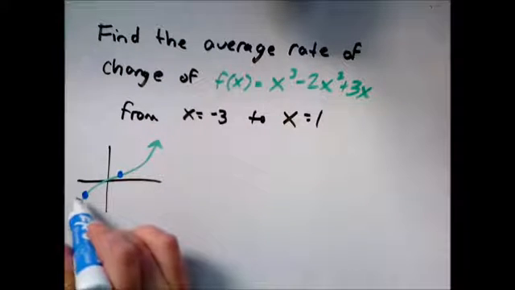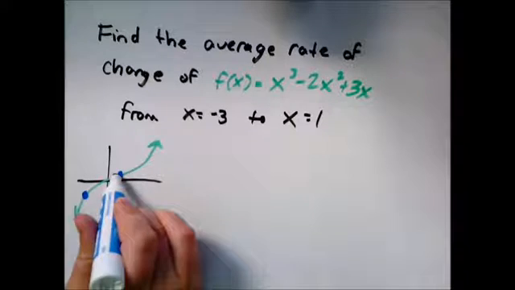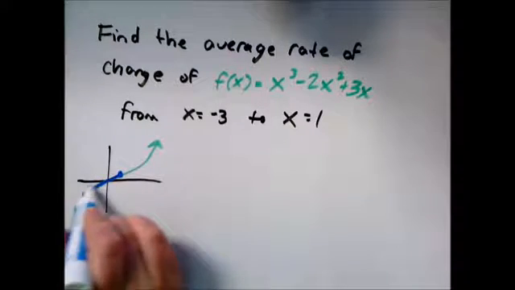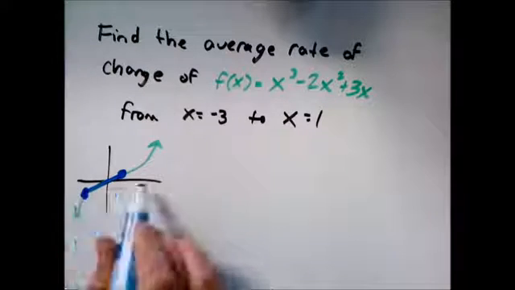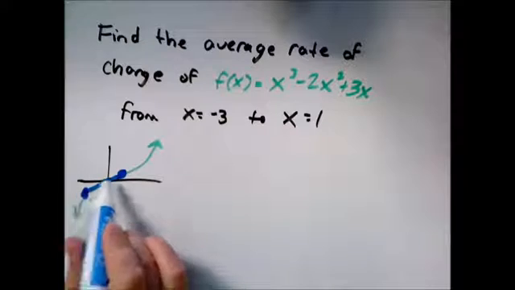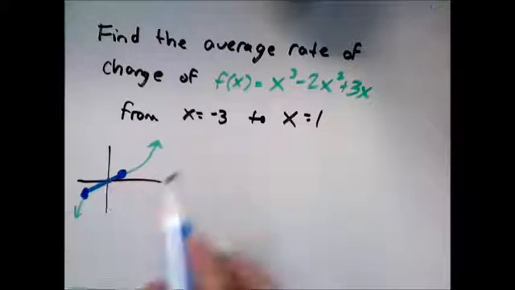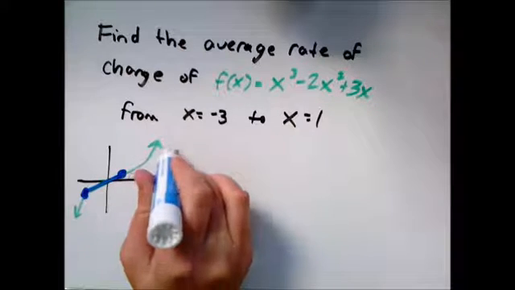Notice the function changes how it's changing. It gets steeper and less steep, but average rate of change means if I connected these 2 points with a straight line, what's the average change in y and change in x? If I have 2 points here and I'm trying to find the change, how much did the function change, the up and down or the y change?